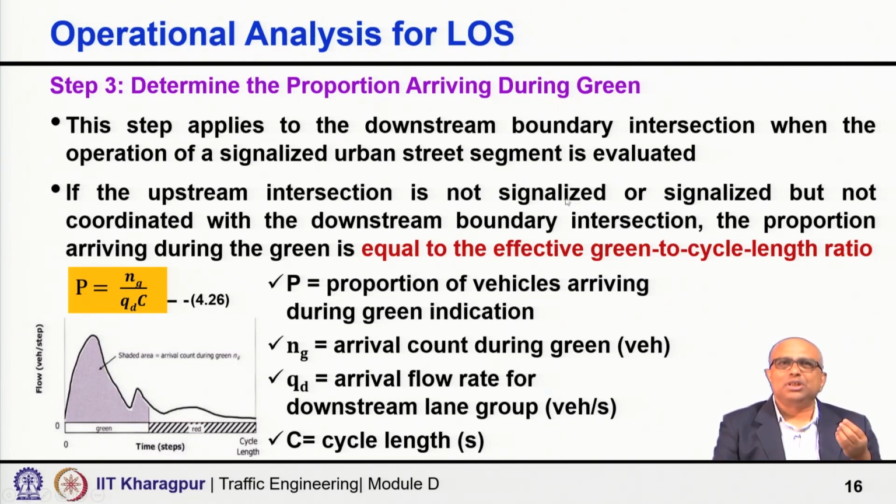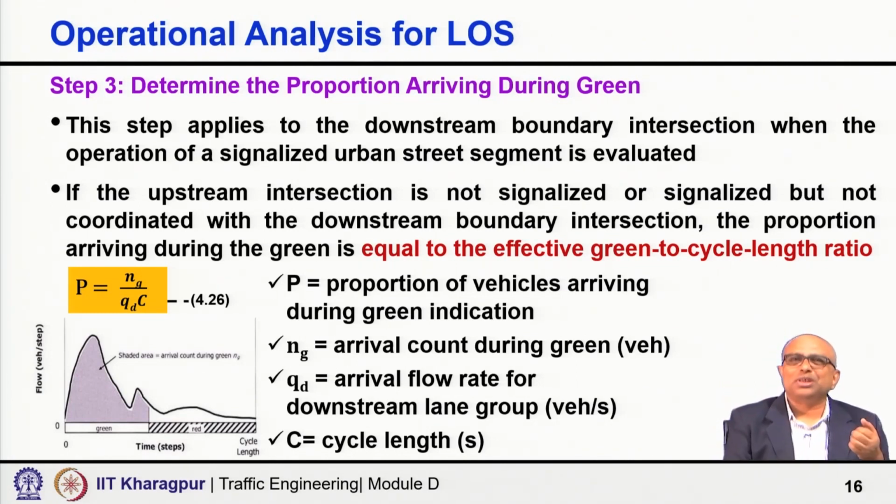So, if the upstream intersection is not signalized, or signalized but not coordinated with the downstream boundary intersection, then the proportion of vehicles arriving during the green is equal to the effective green to cycle length ratio. That is quite logical. Vehicles are arriving randomly, so what proportion is arriving during green? It is basically the effective green to cycle ratio.